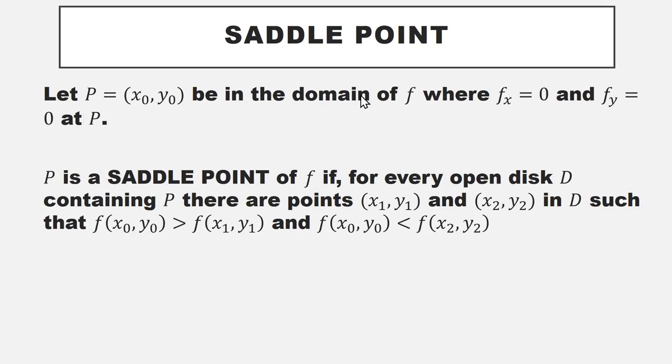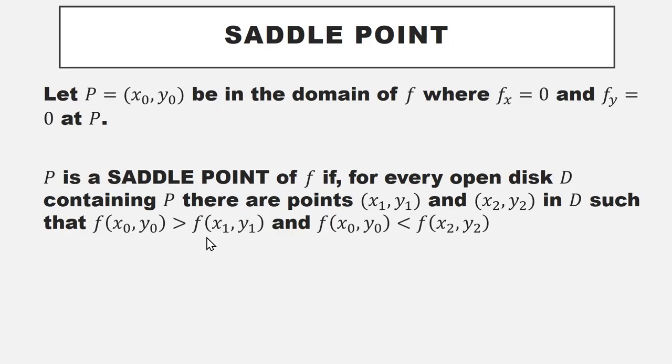So a point P, we're going to assume is in the domain of my function, and we're going to assume the first partial derivatives, one with respect to x and one with respect to y, are both 0 at the point P. We say P is a saddle point of F if for every open disk containing P, there are points such that plugging in a point gives you a value bigger than the output when you plug in P, and there are also points which have smaller outputs.